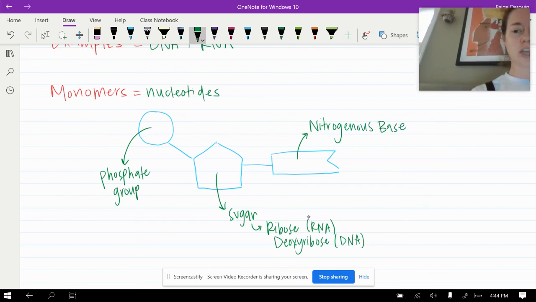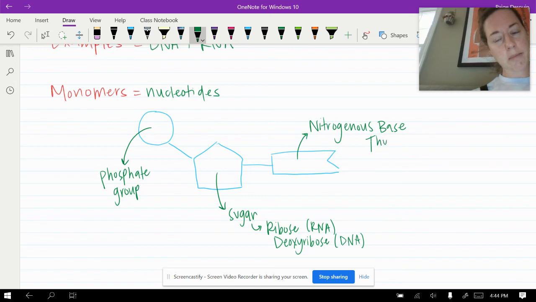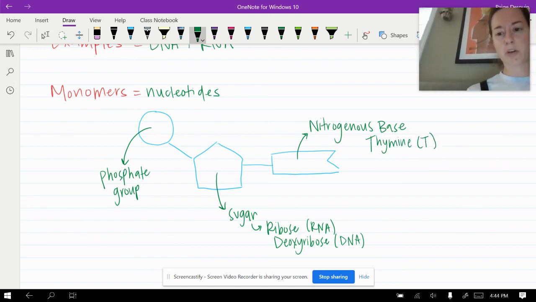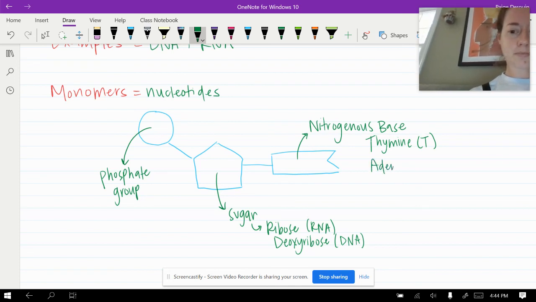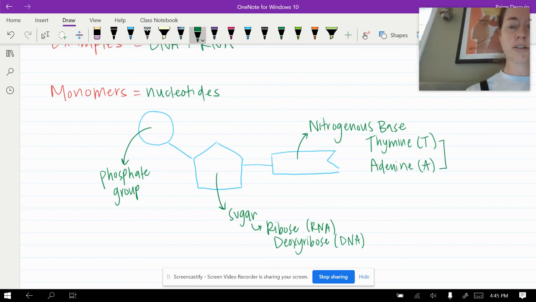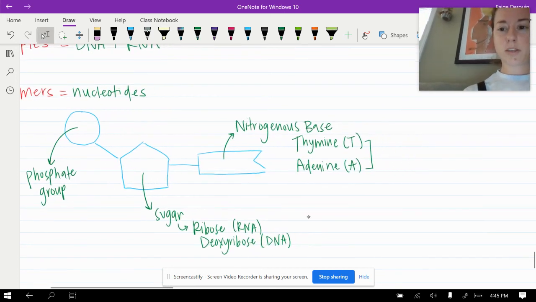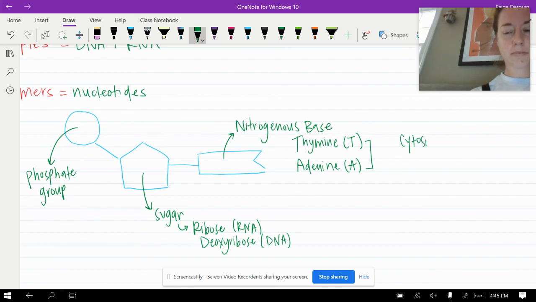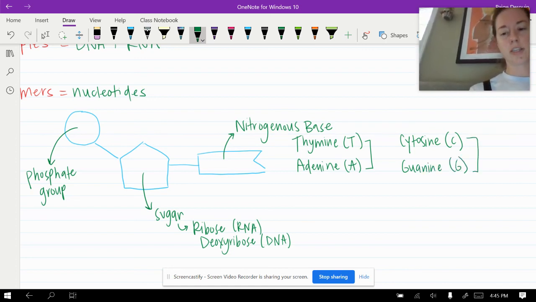There are four nitrogenous bases found in DNA, and then there's an extra one that's only found in RNA. And they are called thymine, which is a T, so how we refer to it, adenine, which is A. These bond together. Cytosine, which is C. And guanine, which is G. These bond together in DNA.